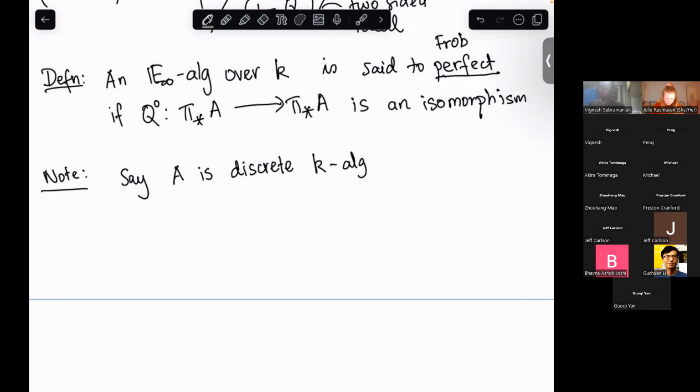All the other operations are going to be trivial, but you have one operation Q0 that goes from A to A and sends x to x squared. But we know this by a different name, which is the Frobenius map. So this Q0, or particularly all the Qi's together, is like an extension of Frobenius to the land of higher algebra.